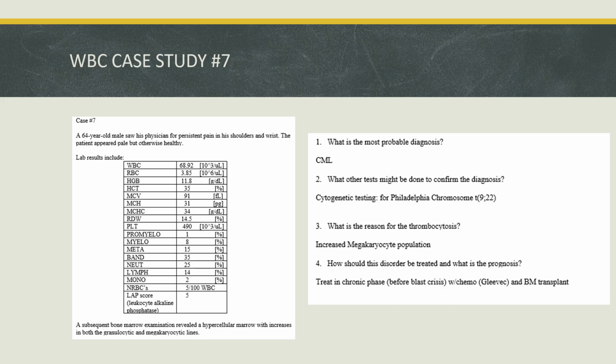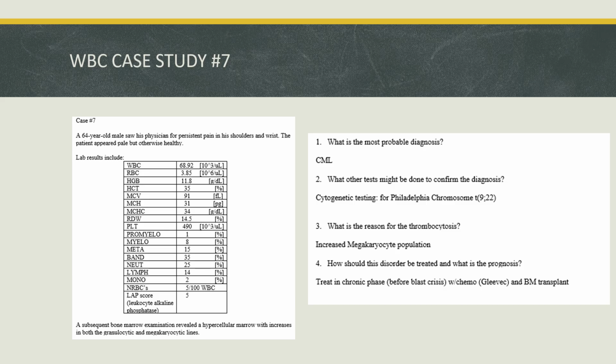And as we get older, our bone marrow isn't quite as efficient. So he is 64, but I'm really torn. Could this be an increase in white blood cell count because of infection? Maybe he's got some type of infection in his joints, or are we looking at a proliferative disorder?